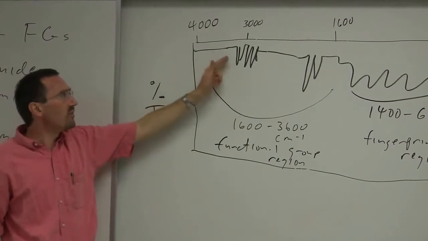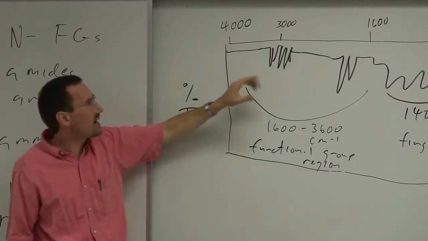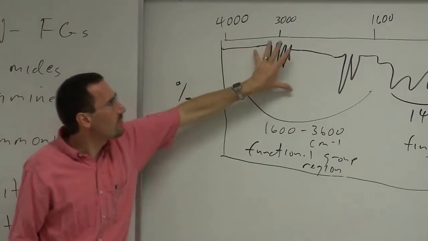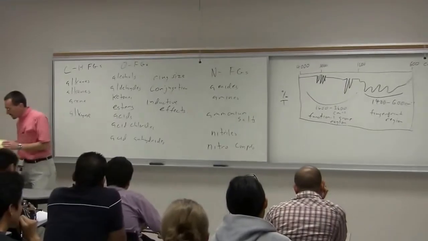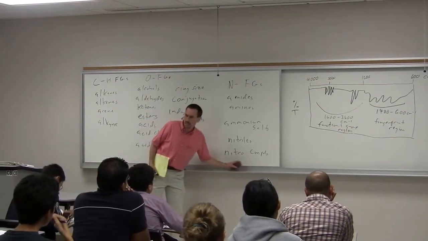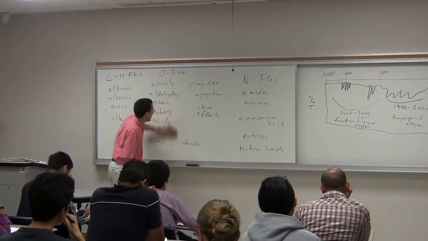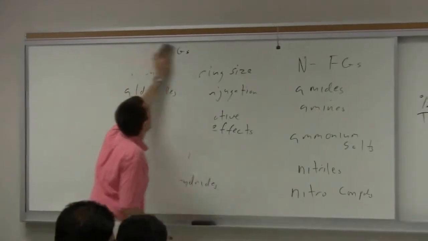Things down from 3000, of course, might clue you into alkenes and aromatics. And then over here, and particularly over here, you can get clued into carboxylic acid. So it's really this issue of being able to read the spectrum that's so key in being able to get some useful information out of IR.